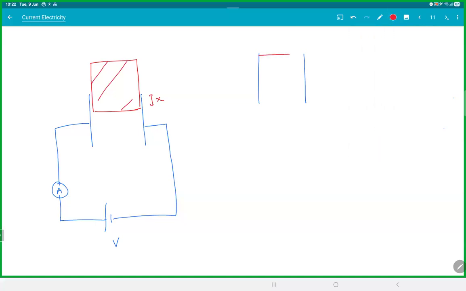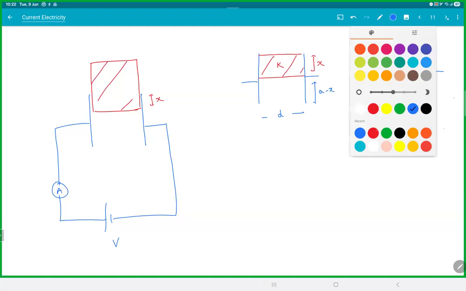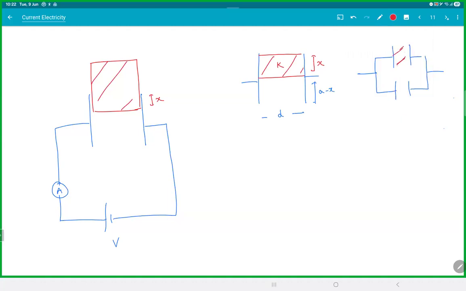So some part of the capacitor is occupied by dielectric. Let this be X, and the remaining space will be A minus X. The distance between them is D. We can treat this as two capacitors. Remember, it is like left and right. So this is like one capacitor and this is like another capacitor. The terminals are left and right. So this part is filled with K. So both are in parallel.